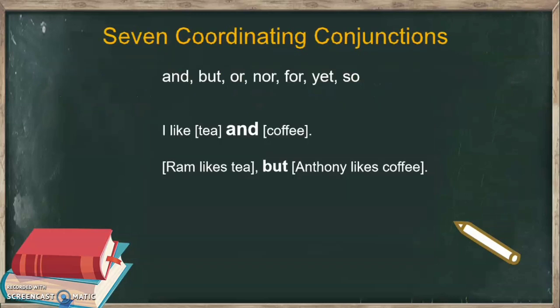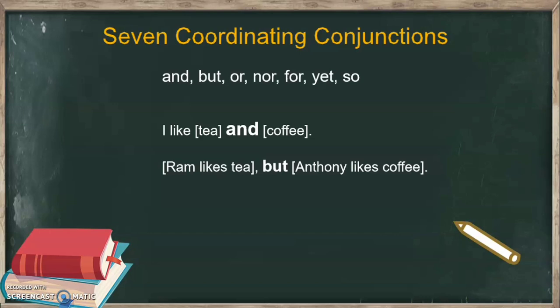Okay, we have 7 coordinating conjunctions. Please remember these. These are the words that you have to memorize so that you will know which one to use. If you see this structure or this sentence, there are two equal sentences or two equal words, I should use a coordinating conjunction.